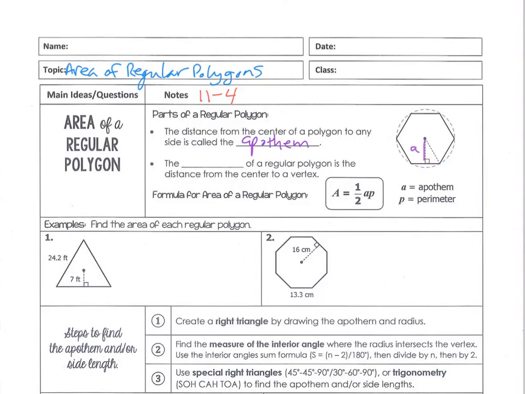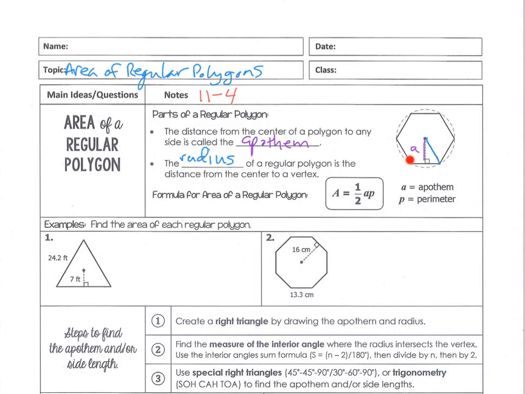So I can take from the center, and if I draw to a vertex, that's always going to be a radius of the circle. Let me write that a little bit better. So the radius goes from the center to a vertex.